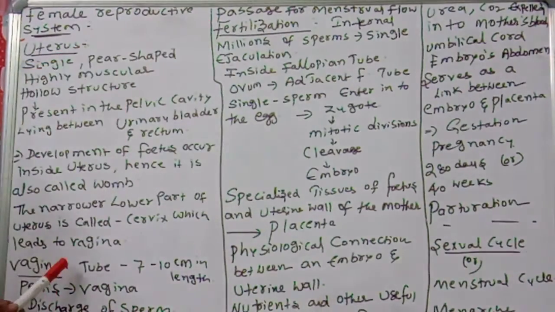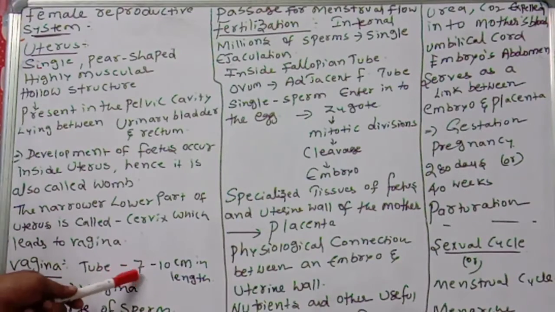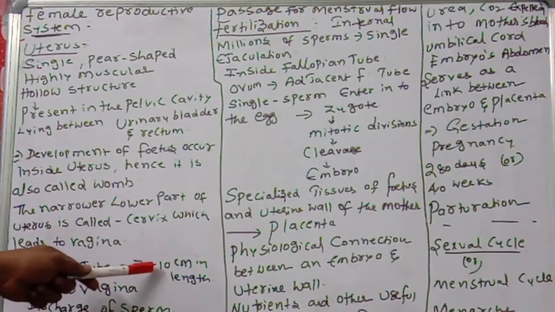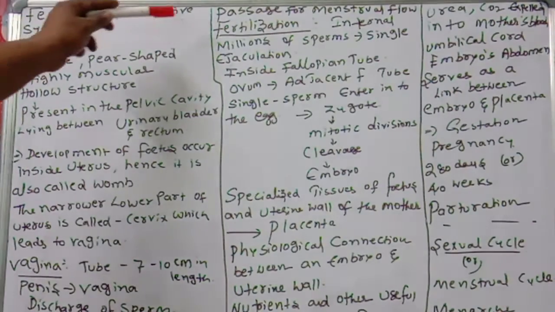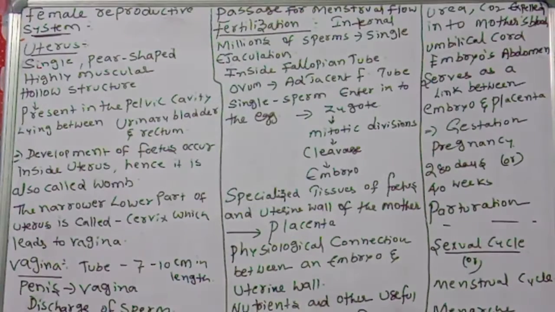Once again, the vagina is a tube-like structure, 7 to 10 centimeters in length. During intercourse, the penis is inserted into the vagina and the discharge of sperms takes place. It is also useful as a birth canal for parturition, so the developed embryo comes out through the vagina, and it is also a passage for menstrual flow.